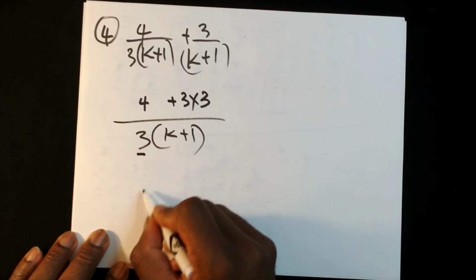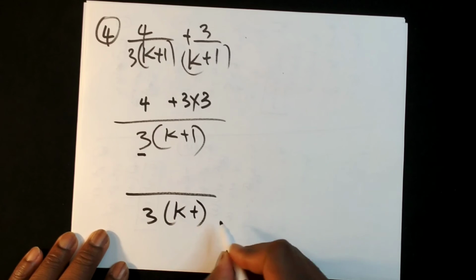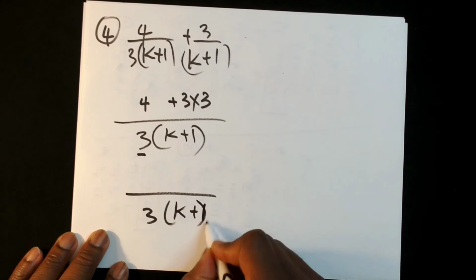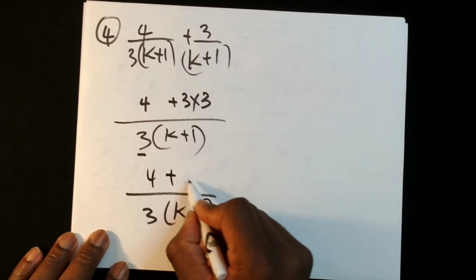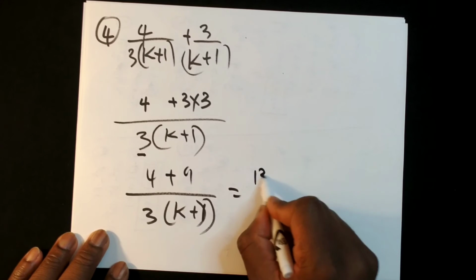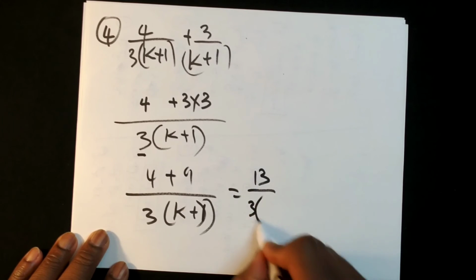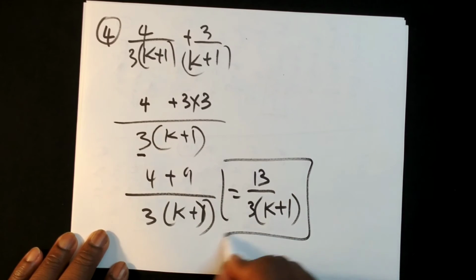We still have the same denominator, 3 factor of (k plus 1), and then we have 4 plus 9. That gives us 13 over 3 factor of (k plus 1). Final answer for number 4.